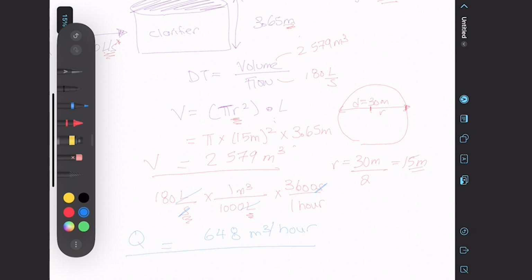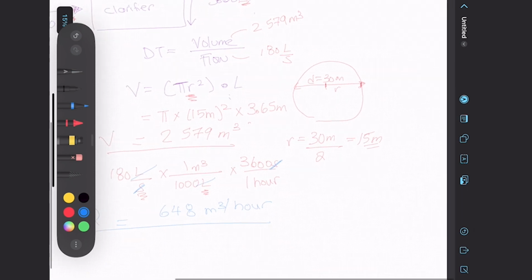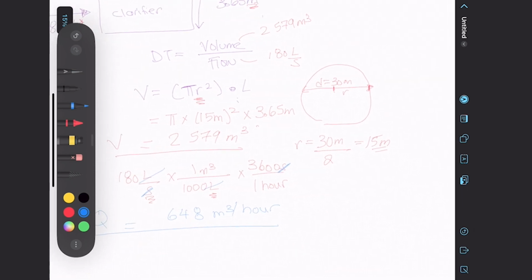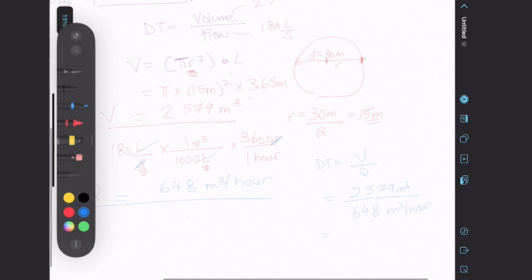So we have our flow in the right units, we have our volume in the right units, and now we can simply plug and play into our detention formula. So detention time is equal to volume over flow. The volume we found was 2,579 meter cubes, all over 648 meter cubes per hour, and we end up getting 4 hours as the detention time.